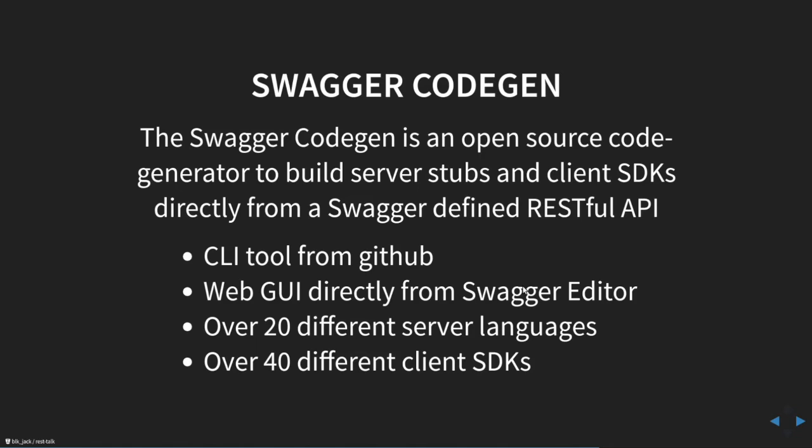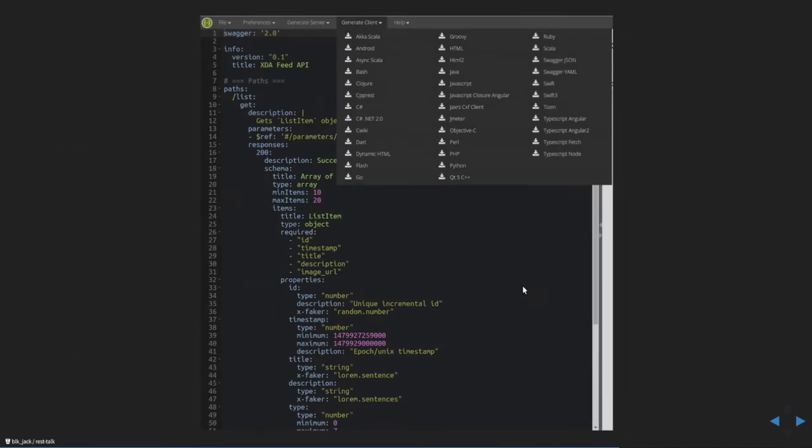There's all these instructions and everything you need. There's a web GUI baked directly into Swagger editor. And it supports 20 different server languages and 40 different clients. So that's substantial. And it's completely open source, so you could add whatever you wanted. If you're using Django instead of Flask or whatever and you want to do that, you totally can. It's all baked in, and this is a screenshot of the dropdown.